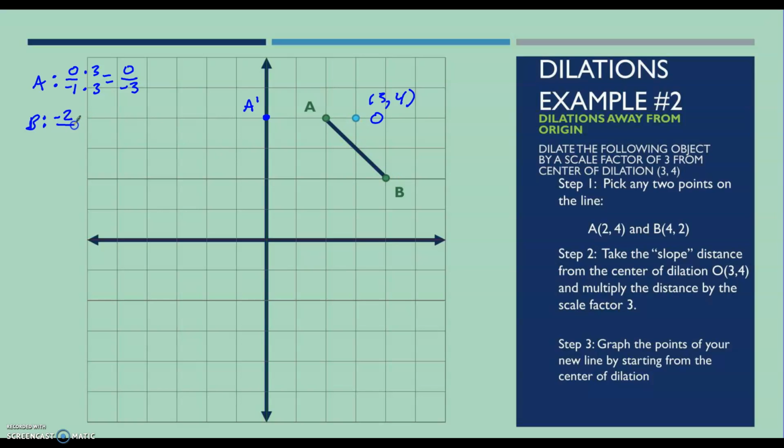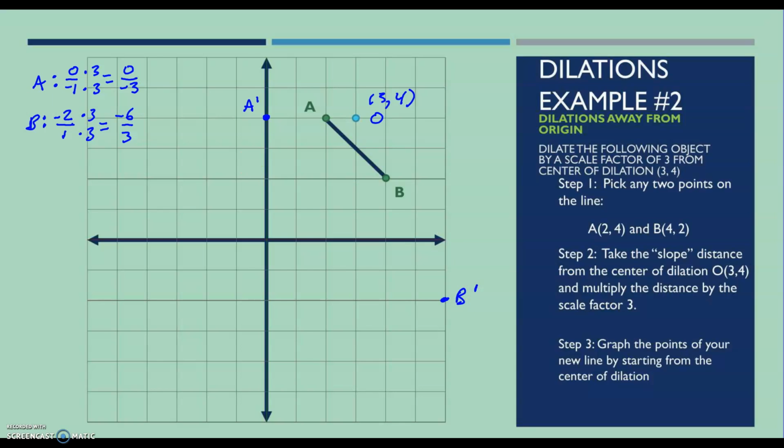Notice I have negative 2 because I'm essentially writing the slope. And then right 1 unit. I multiply by 3 for the numerator and denominator, and I get negative 6 over 3. So from my center of dilation, I go down 1, 2, 3, 4, 5, 6 units, and then right 1, 2, 3 units to get B prime.